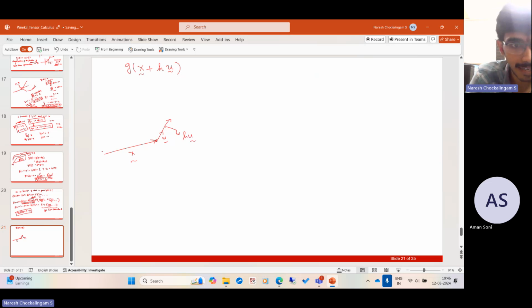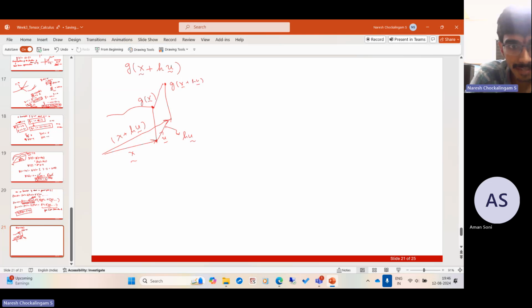So you get another vector, which is x plus hu. Now, corresponding to x you have a value, which is g of x. And corresponding to this point, you have another value, which is g of x plus hu.